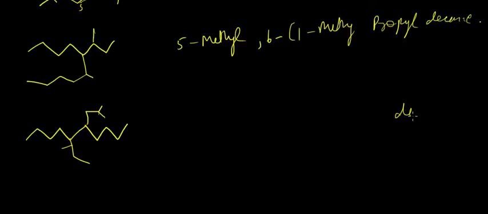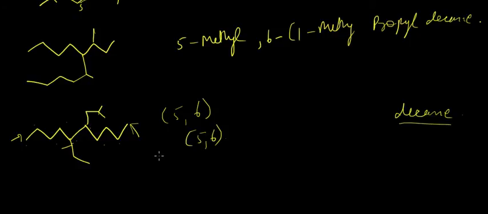So 10 directly gives me decane as the word root and suffix. Counting from this carbon atom, the positions are 5 and 6, and from the other carbon atom both also give 5 and 6. So now the IUPAC name depends on the first letter of the substituent's name.